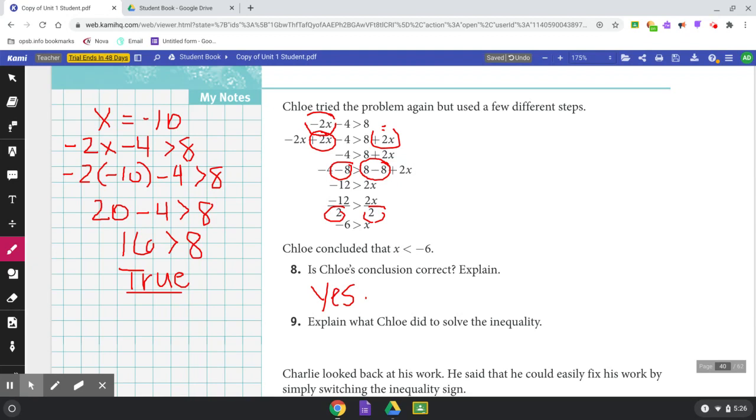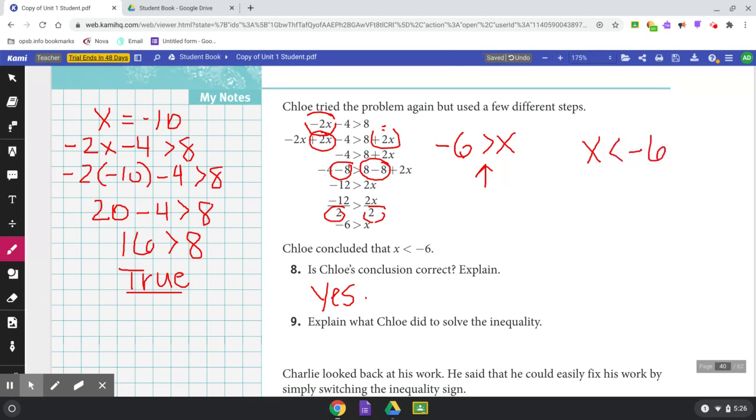When you see an inequality where your variable is on the right side, you need to make sure that you do not read this as x is greater than negative 6. Although this is the greater than sign, you've got to read this in terms of the variable. The best thing to do is rewrite that inequality with your variable on the left, and you would get x is less than negative 6.